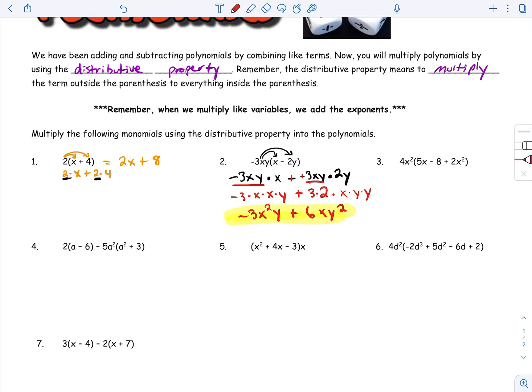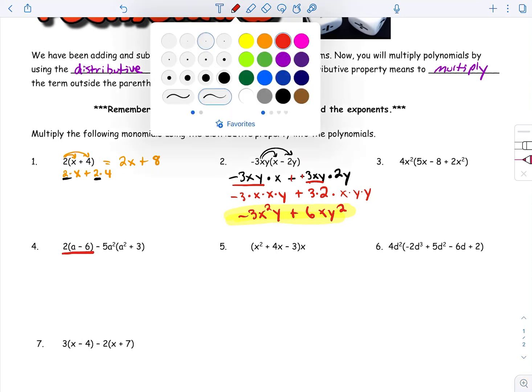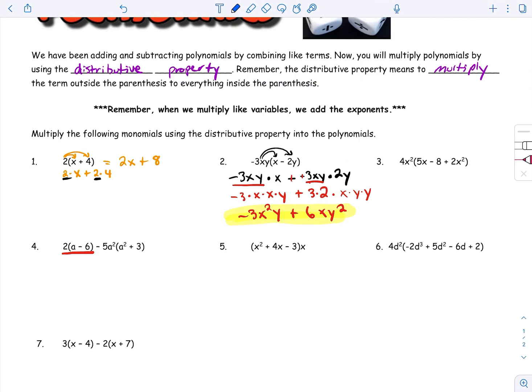All right, now when we get to number 4, notice that there's distribution twice in this. So there's distribution here, and there's distribution here. The best way to handle this is to take this minus sign and change it to plus negative 5a squared.